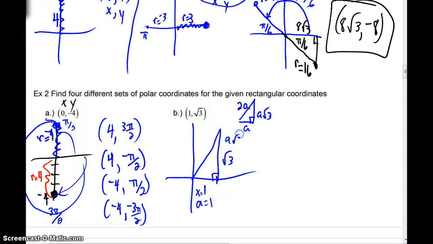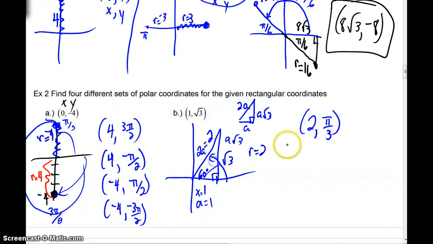This is a root 3. 2a is obviously just going to equal 2. So my r is 2. And if we do some quick work here, we know that this angle would have to be 60 degrees, right across from a root 3. But 60 degrees is pi over 3. So we have 2 comma pi over 3.